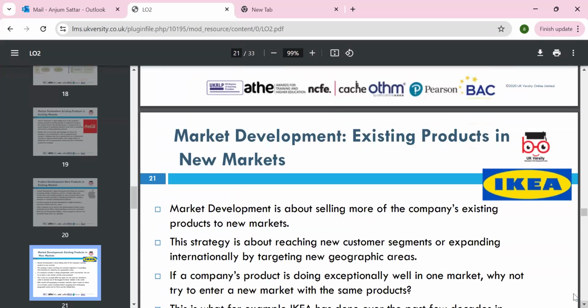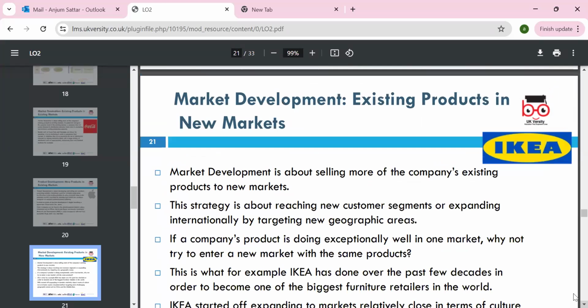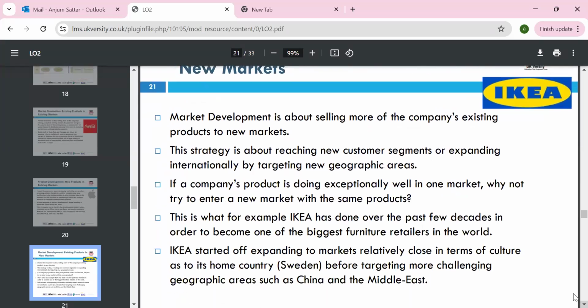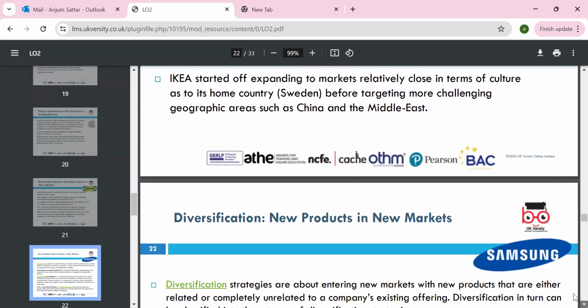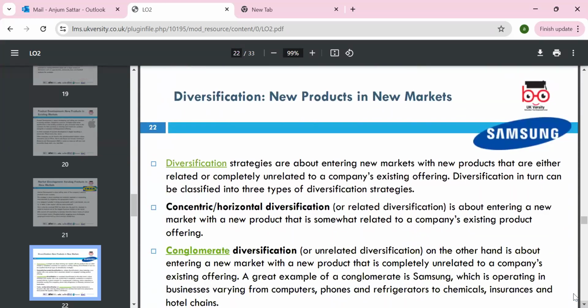IKEA, market development, existing product into a new market. That is IKEA's market development strategy, like going into China and different parts of the world. And diversification, Samsung diversifies, don't put all eggs in one basket. They look at different products in different markets.